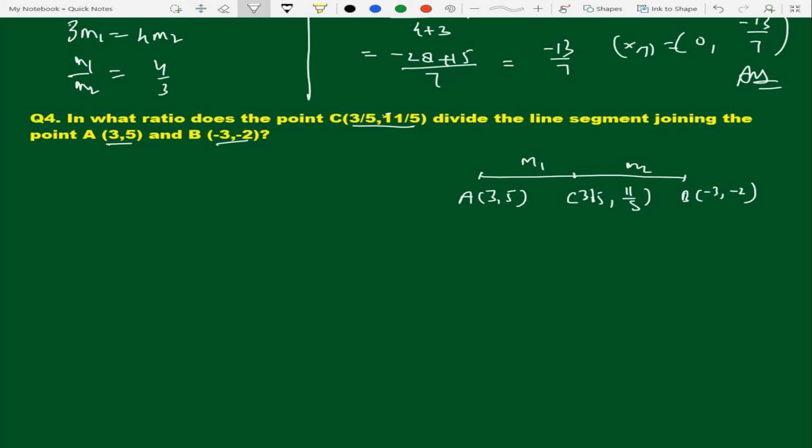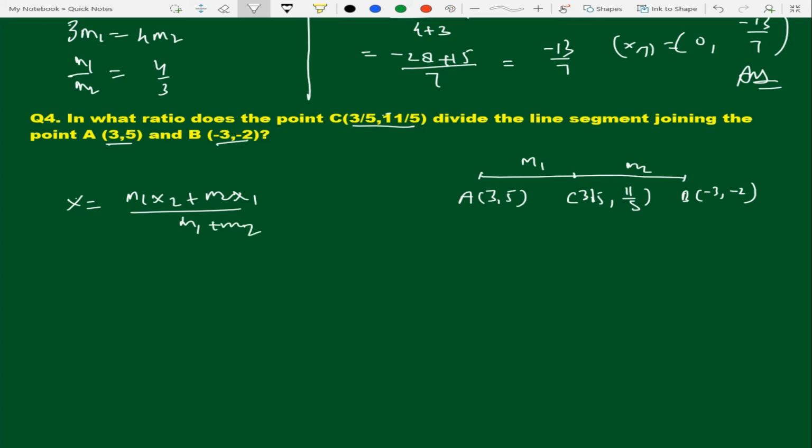So we know that for the coordinates of the internal division point, x coordinate will be (m1 x2 plus m2 x1) upon (m1 plus m2).